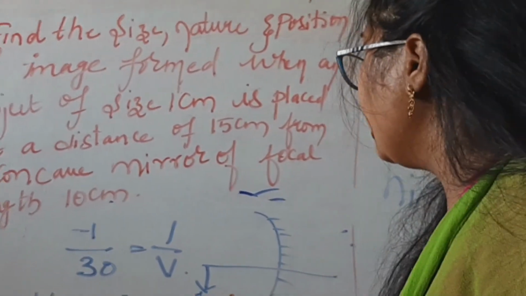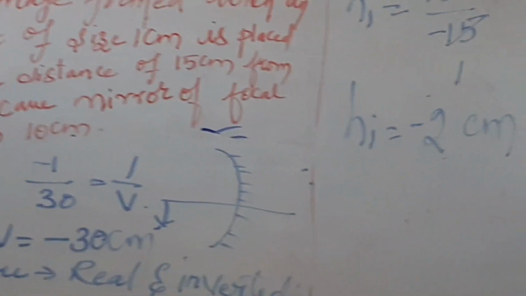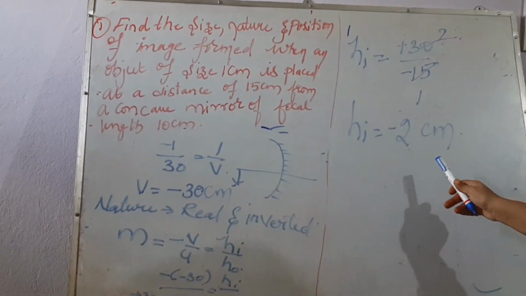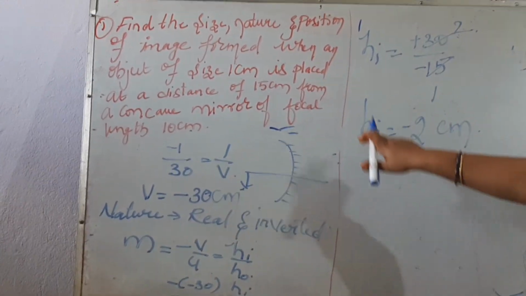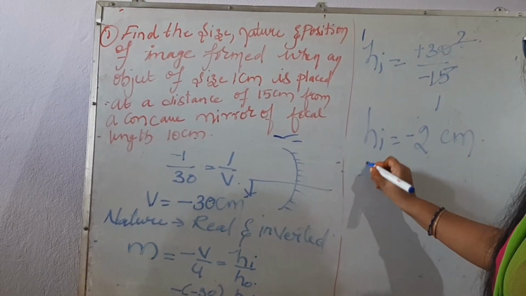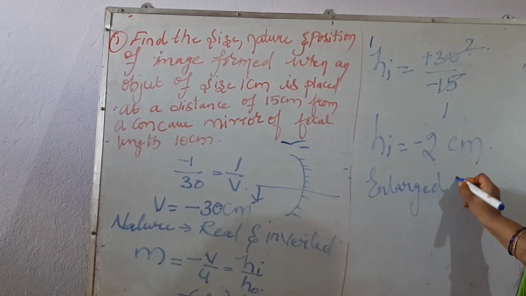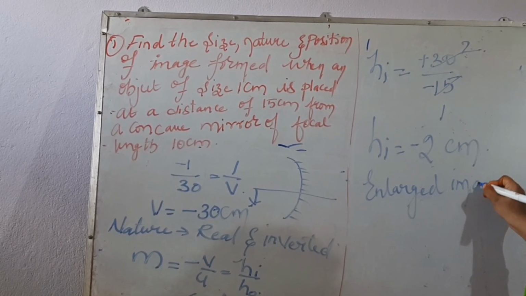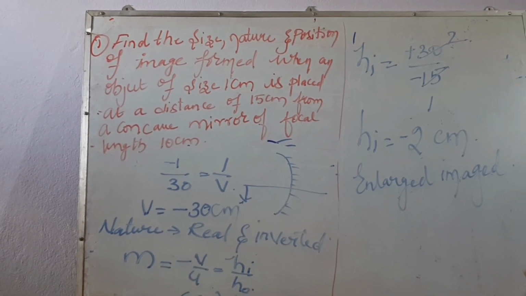If you don't put centimeter here, as it is a distance, you are going to lose marks. Minus 2 centimeters. So the height of the image is enlarged. Image is enlarged, height is more, isn't it? An enlarged image is formed.